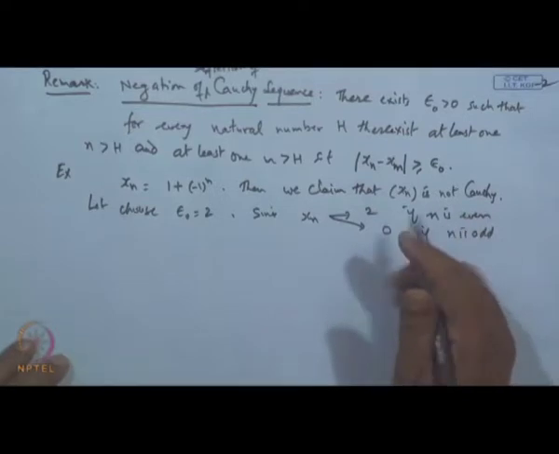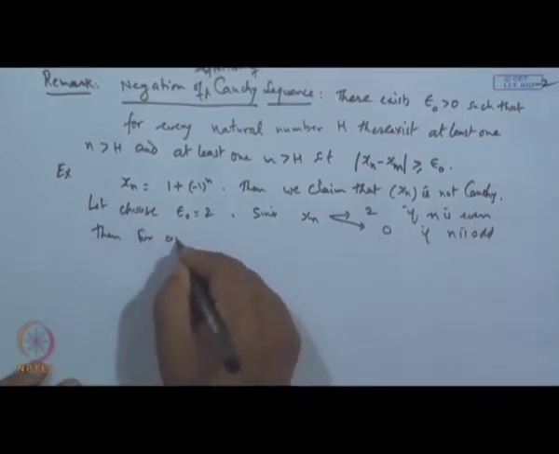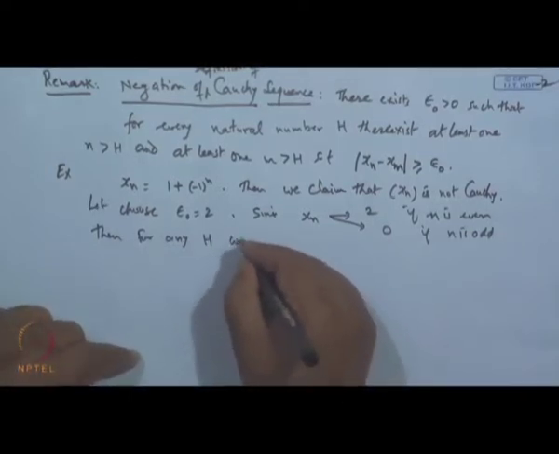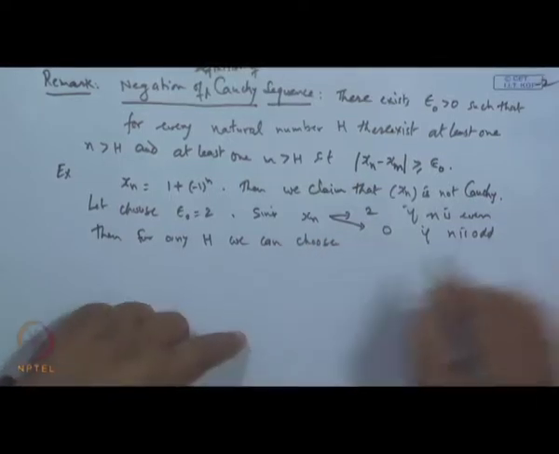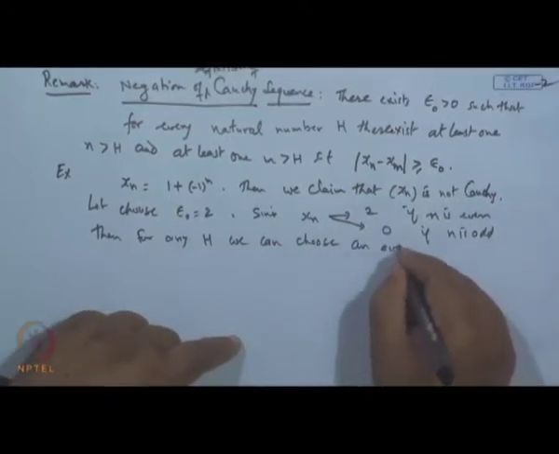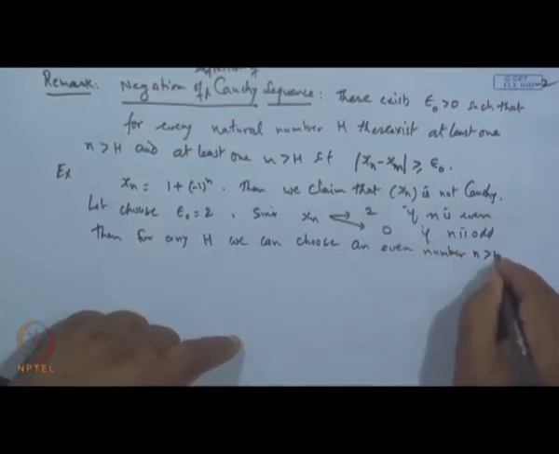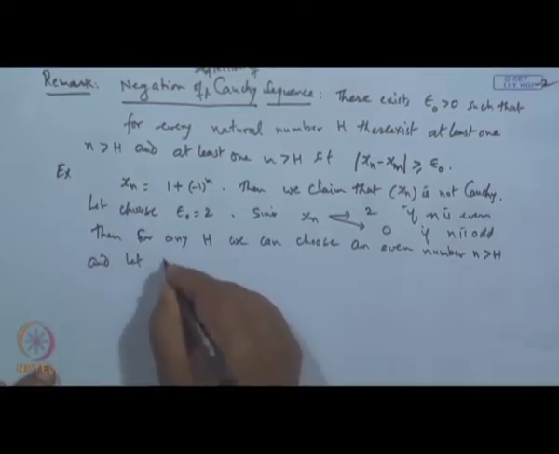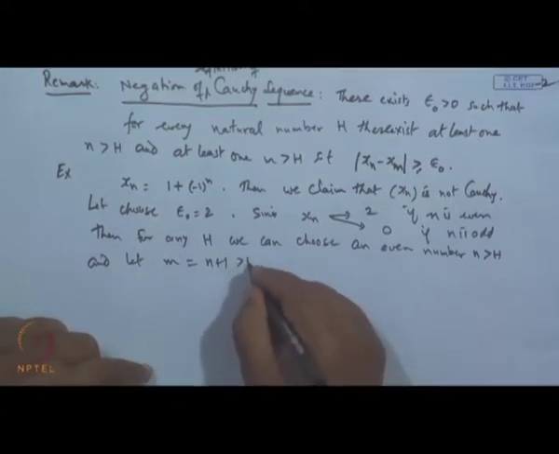So, in fact, for any natural number h, we can choose an even number n greater than h, and then let m be n plus 1, which is also greater than h.